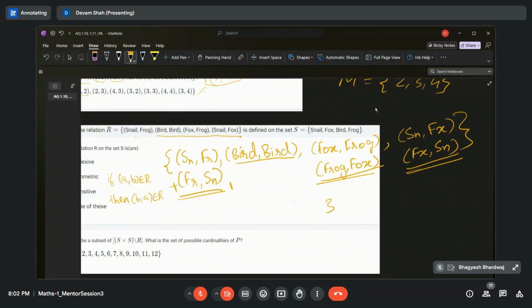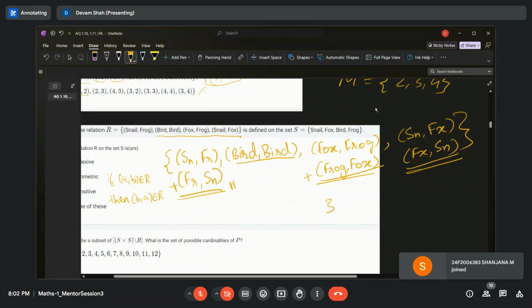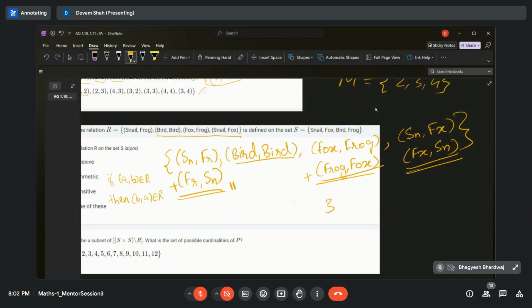Frog comma fox, no, right? So I add one more term. So now the count is two. Similarly for snail comma fox, there isn't fox comma snail, so I add this third term. So now it's three. So in total, how many minimum elements did I add? Three to make this thing symmetric.